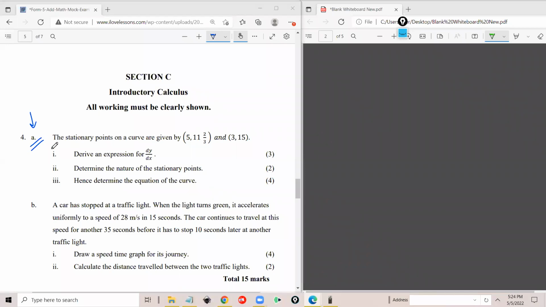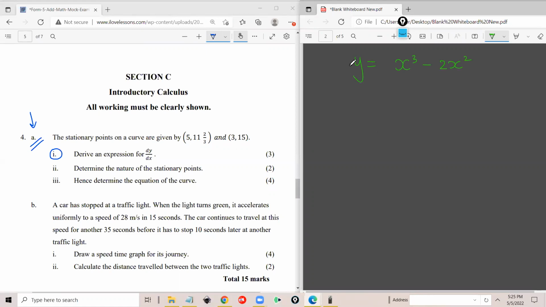For part 1, they're asking you to find the expression, right? Now, an expression will not be a value. It will be almost like an equation. If you have the equation of a line, let's just make up something, x cubed minus 2x squared.